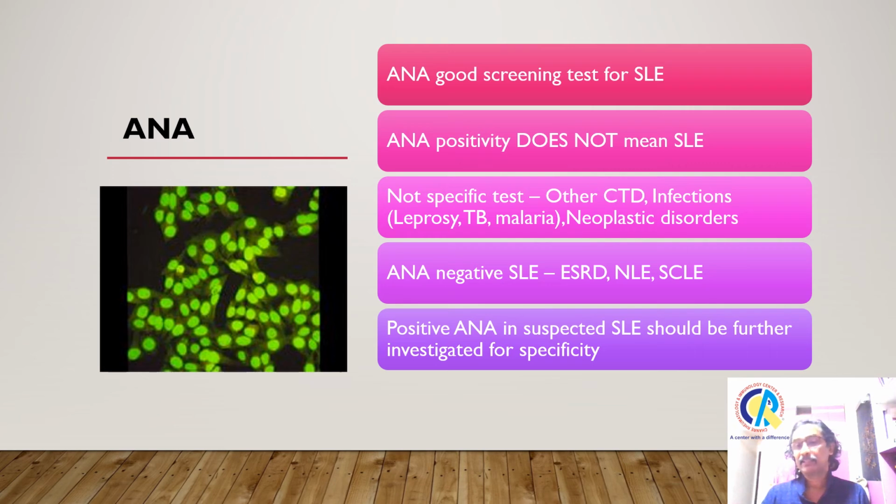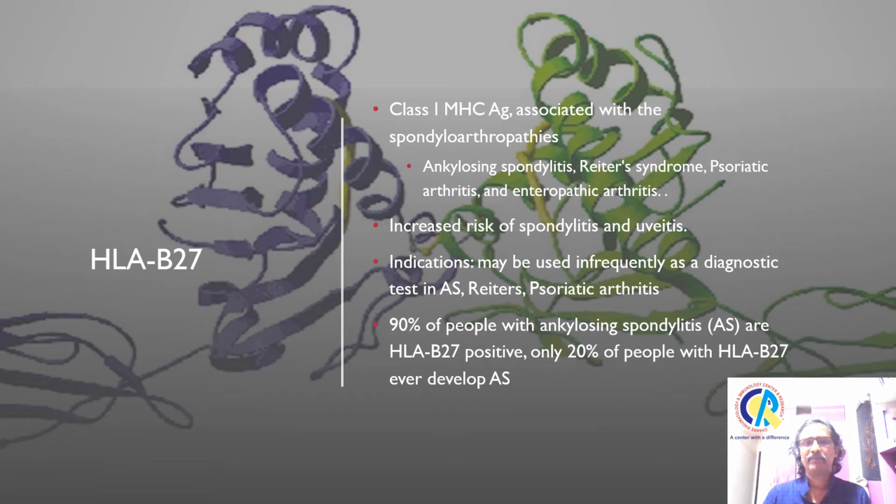ANA positivity doesn't mean SLE, because I have clearly mentioned that we have several other conditions where it could be positive. ANA negative SLEs are unusual, but you see them in end-stage renal disease, neurolupus and subacute cutaneous lupus erythematosus. Positive ANA leads to suspicion of SLE, and one needs to work it up further with dsDNA and ANA profile.